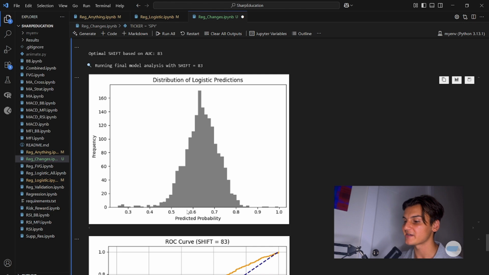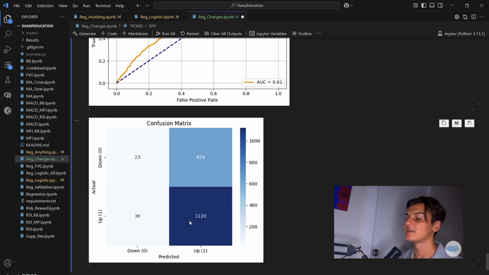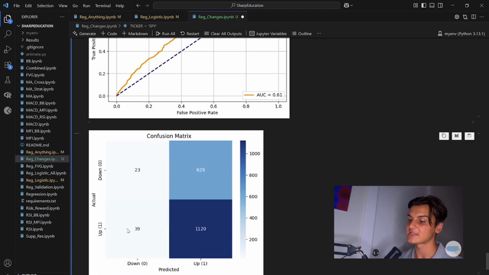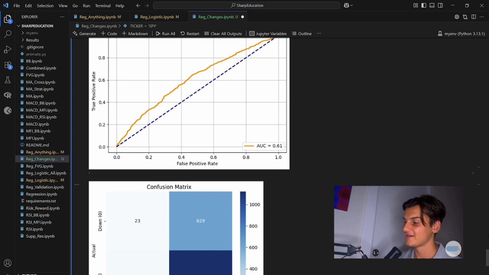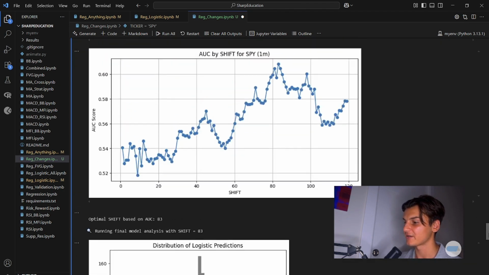Almost always guessing up because our cutoff is here at 0.5, 0.61, meaning we're almost always just guessing up. And generally speaking, we were right 61% of the time we guessed up. And when we guessed down, we were wrong more often than we were right. So buying and holding once again wins, regardless of what our look-ahead window is.